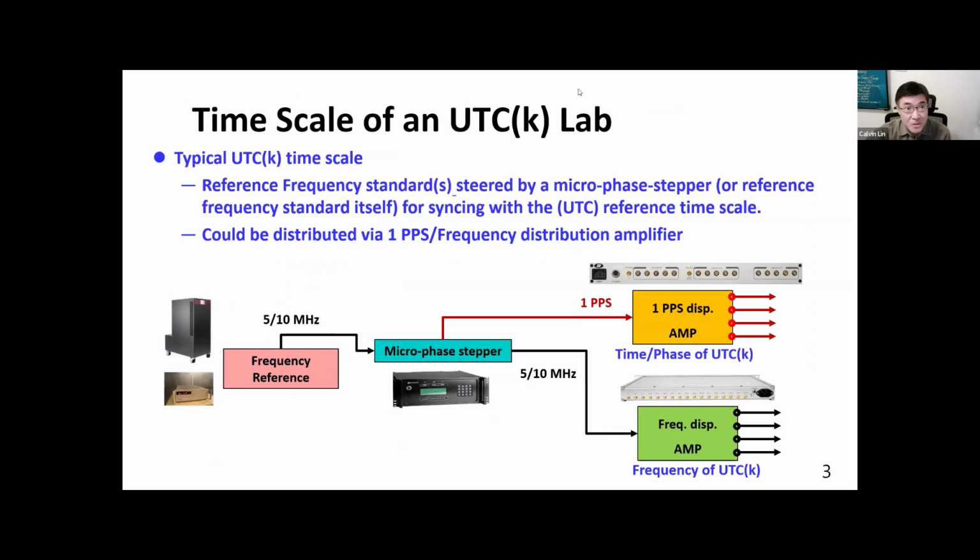A typical UTC timescale includes a reference frequency standard like a hydrogen maser or a cesium standard, steered by a microphase stepper. For multiple use, it may distribute 1 PPS or phase by a 1 PPS distribution amplifier, and distribute the frequency using a frequency distribution amplifier.